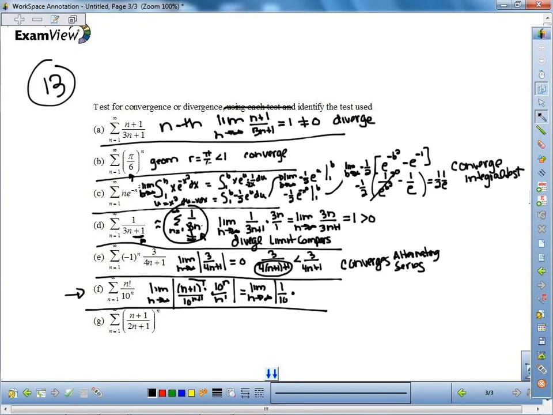So notice that when you subtract 1, you're going to have n. So these are going to cancel. All I'm going to be left with is n plus 1. So as n goes to infinity, this is going to go to infinity. So since it's equal to infinity, this is going to diverge by the ratio test.